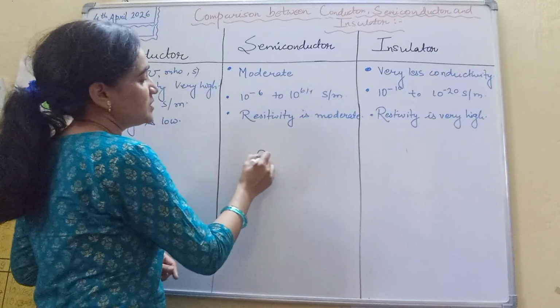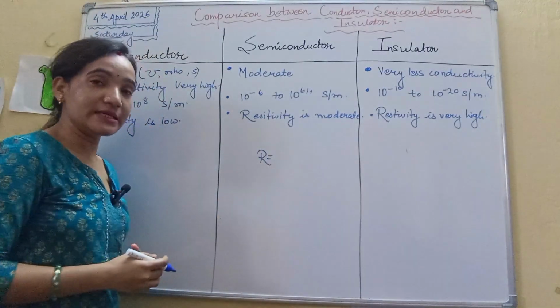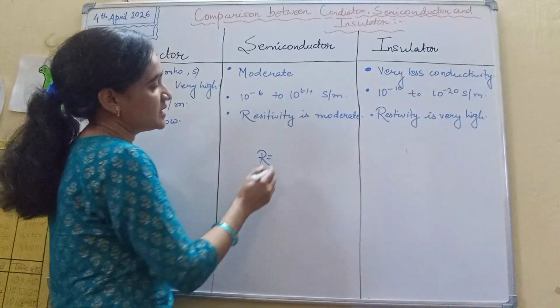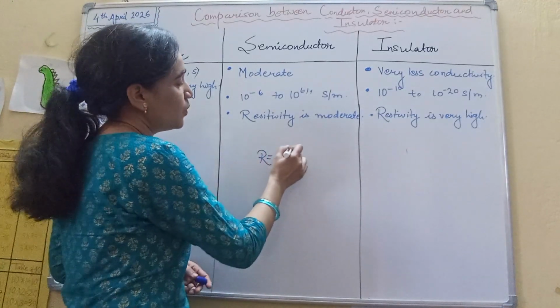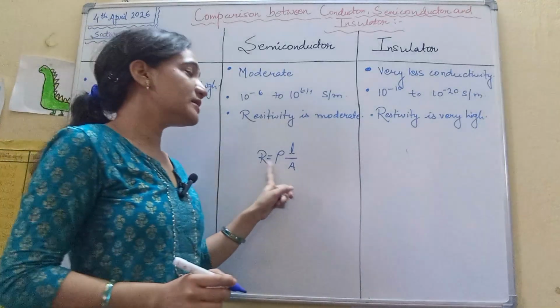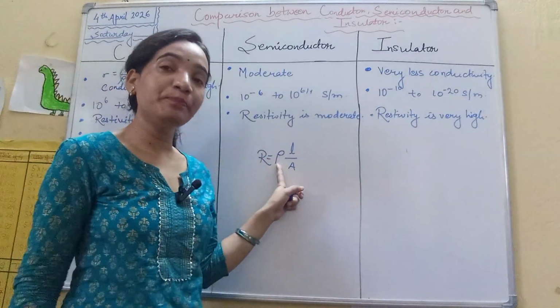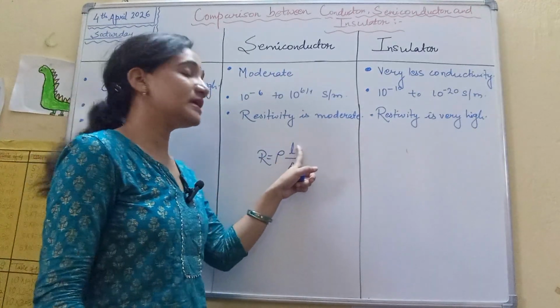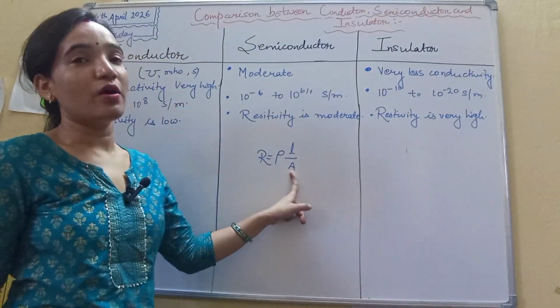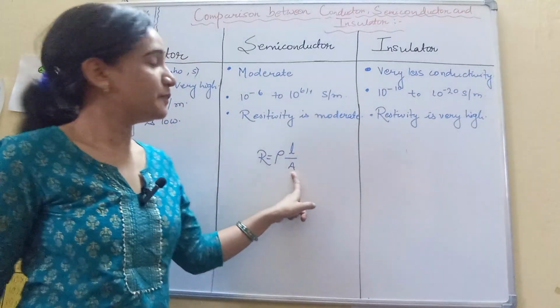We know that resistance is denoted by R. R equals rho L by A. Here R is the resistance, rho is the resistivity, L is the length, and A is the cross-sectional area of that substance.